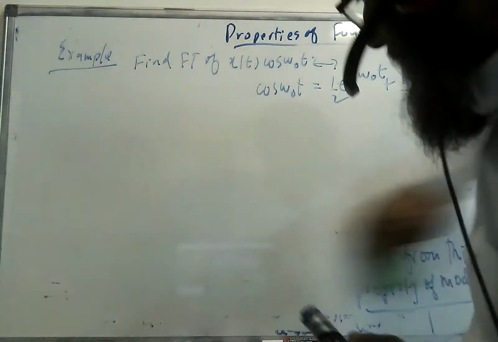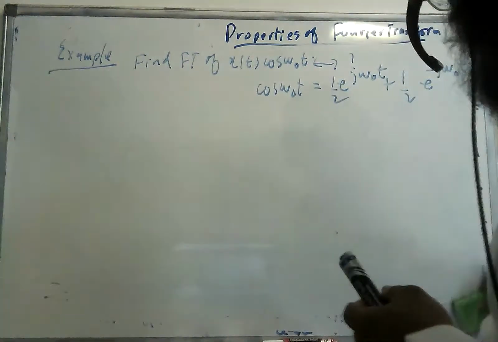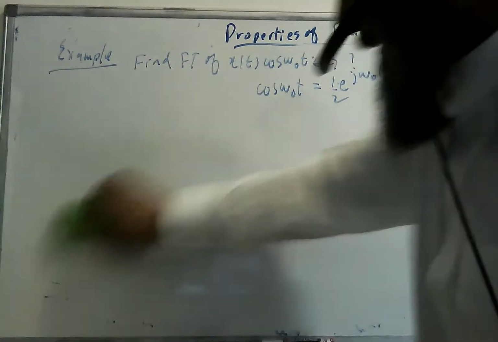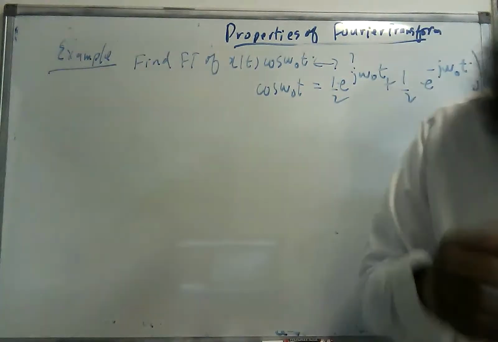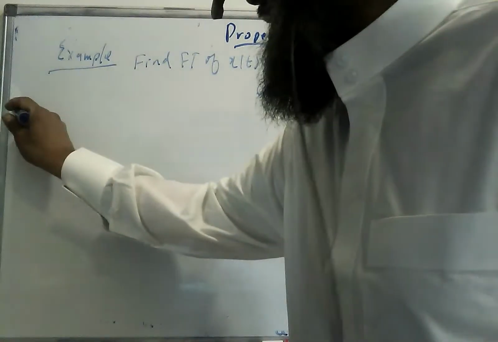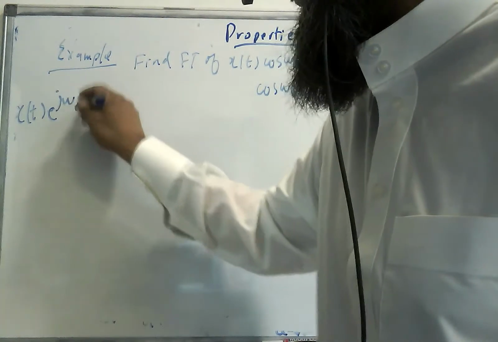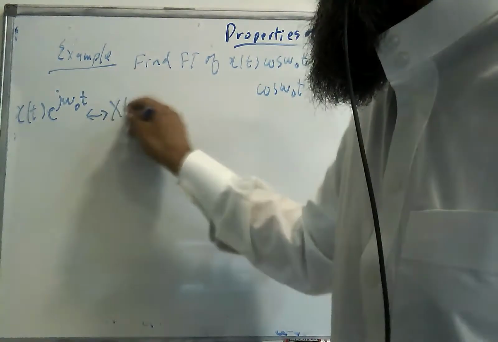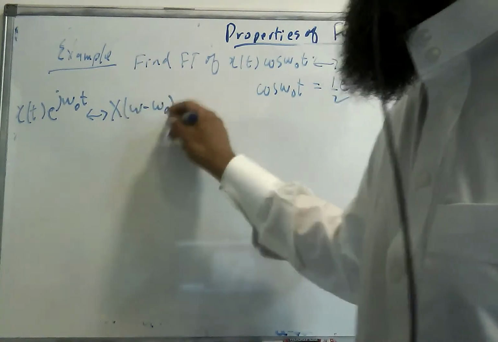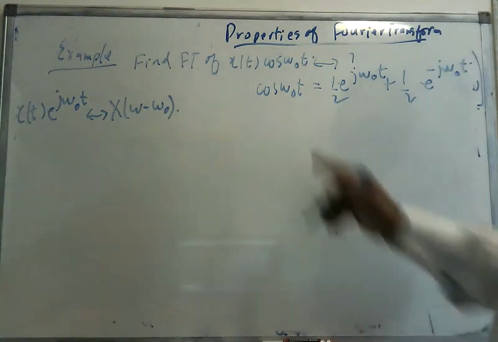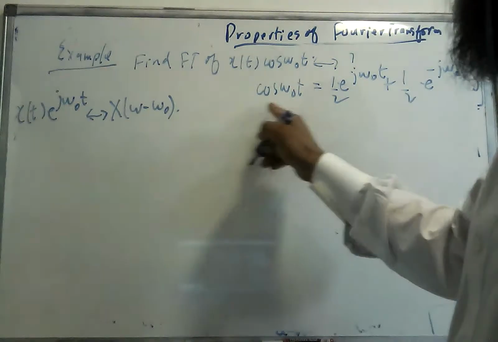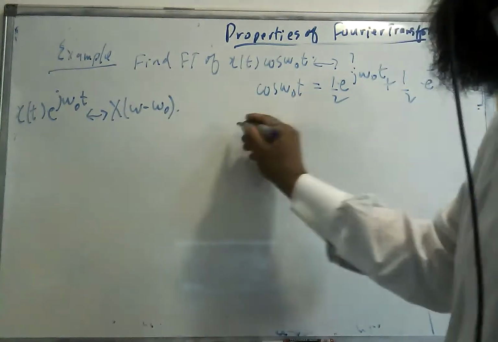I put this property here for reference. So x of t multiplied by e raised to the power j omega naught t is X of omega minus omega naught.